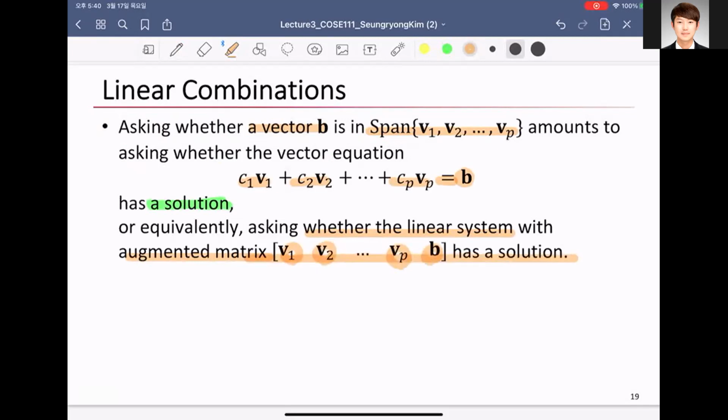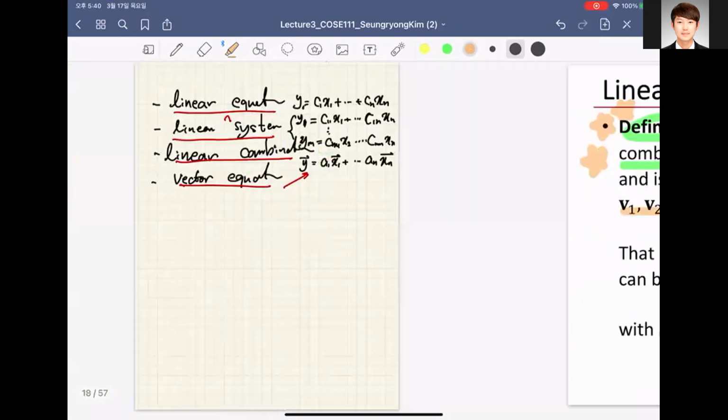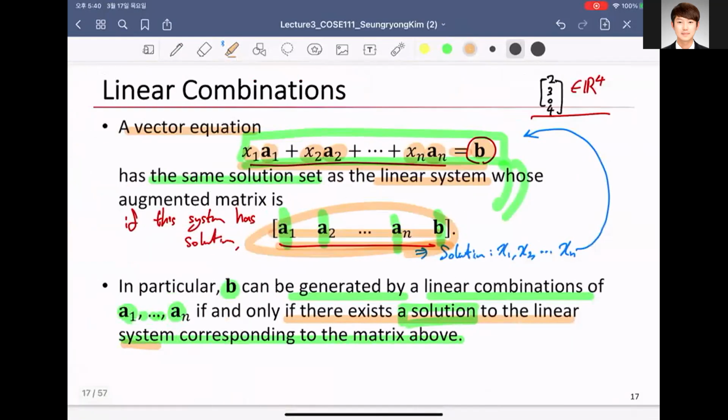Okay, wait. 자, let's go back to here. Here, we say that vector equation has same solution set as the linear system whose augmented matrix looks like this, right?